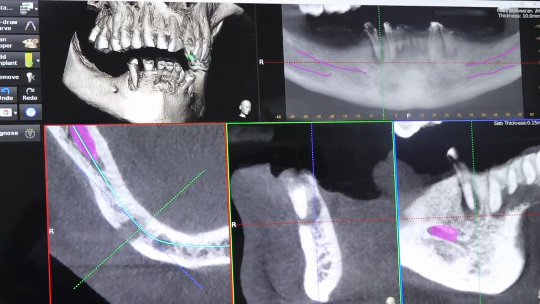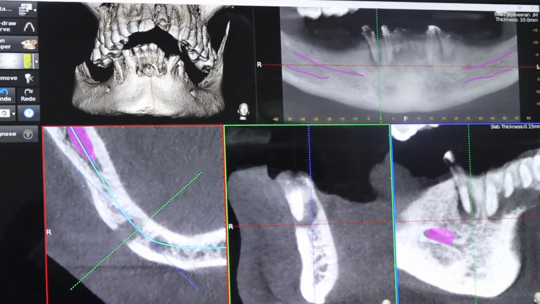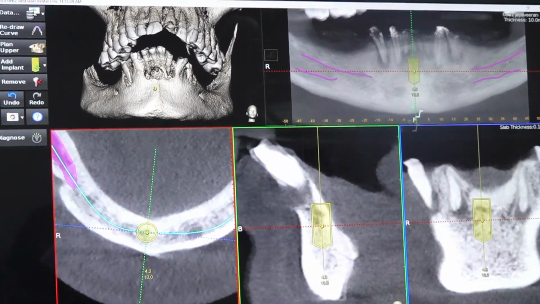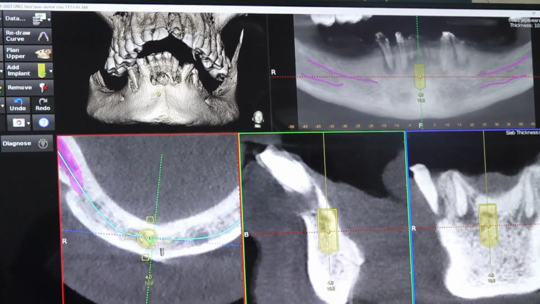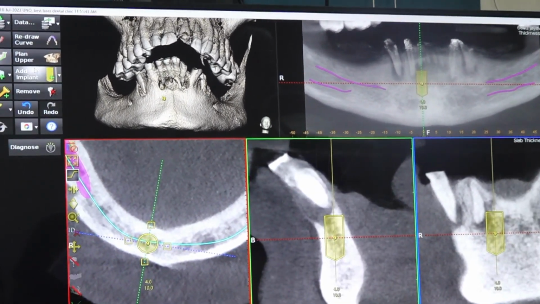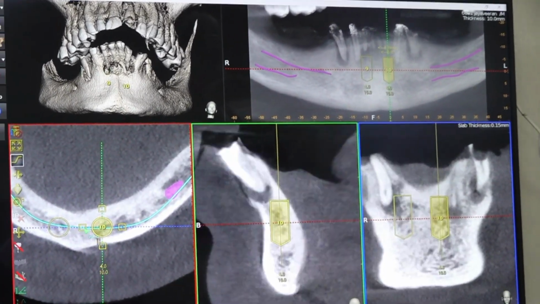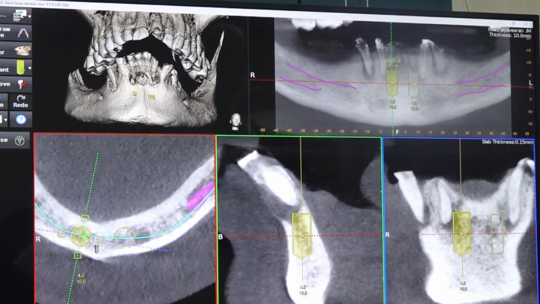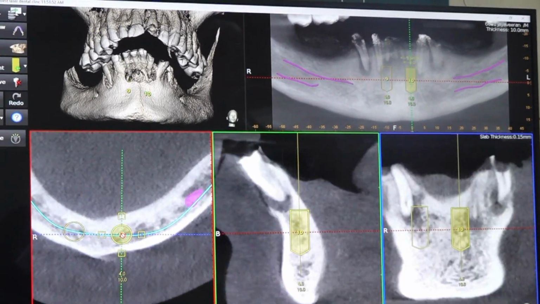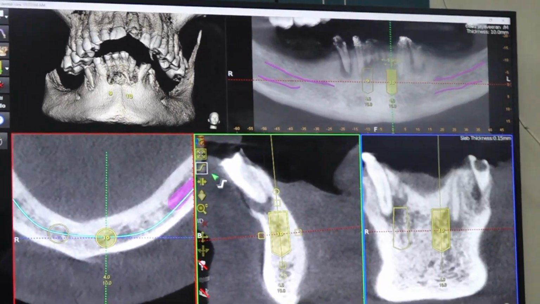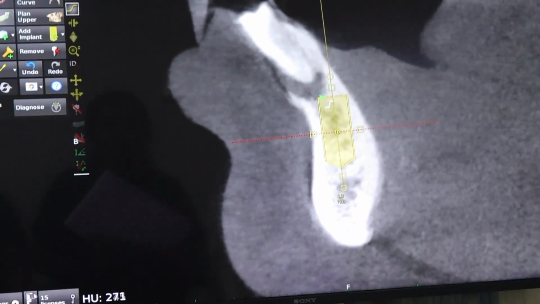So first we will plan the anterior implants. We will finish the easiest one first. So we will be placing 2 implants just adjacent to the midline. Then we will come to the premolar implant later. If you see here, this is the lesion end.